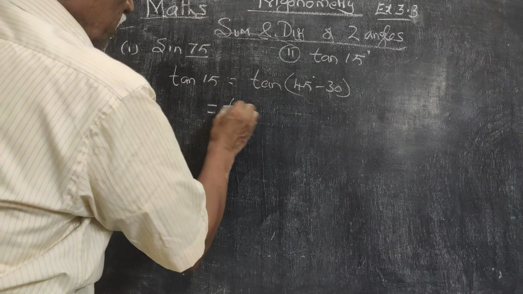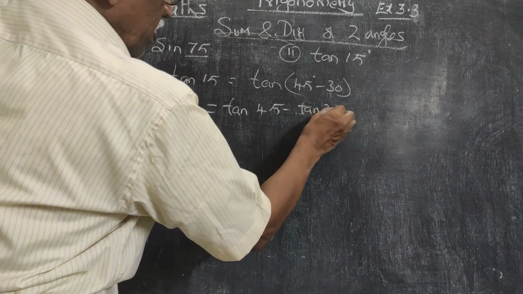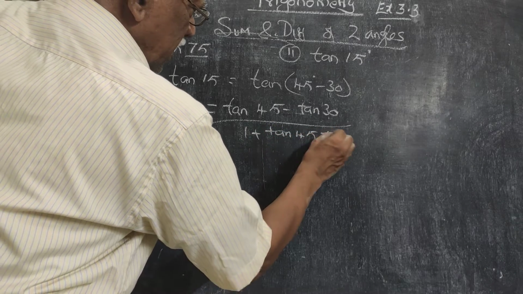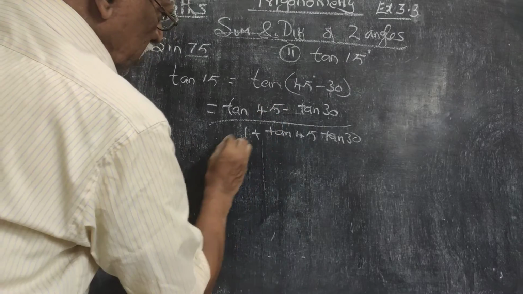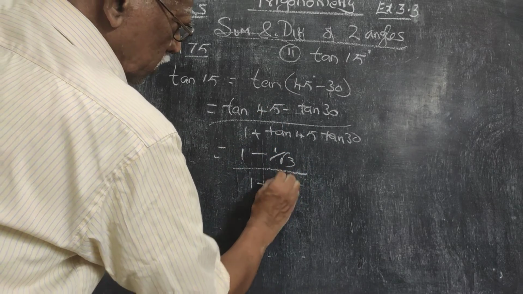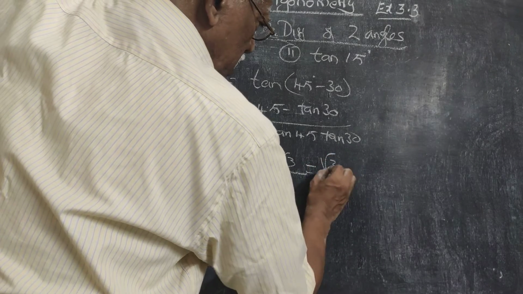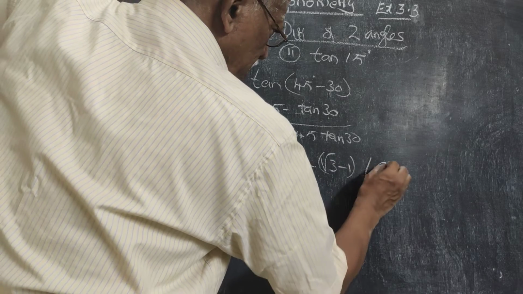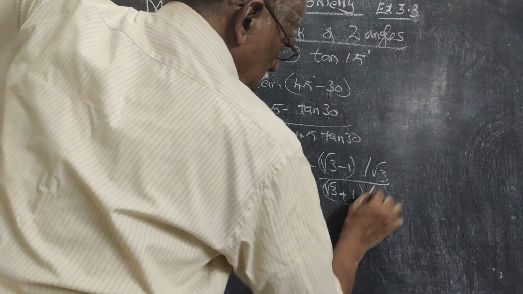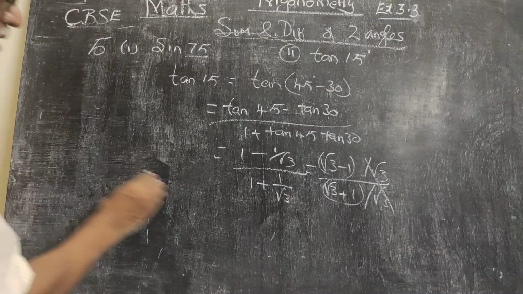The formula is tan 45 minus tan 30, the whole thing divided by 1 plus tan 45 and tan 30. Tan 45 is 1 and this is 1 by root 3. 1 plus 1 by root 3 into 1. So this becomes root 3 minus 1 divided by root 3, and root 3 plus 1 divided by root 3. This gets cancelled. So root 3 minus 1 over root 3 plus 1, that is our answer.